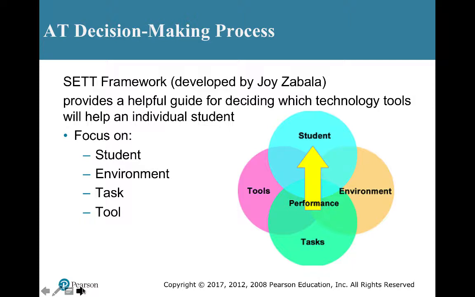So a good framework for a decision-making process is referred to as the SET process, focusing on the student, the environment the child functions in, to include out of the school environment, the tasks that the child needs to perform, and the tools that the child needs to be able to do these things. So the SET is a decision-making process that we all should be familiar with.